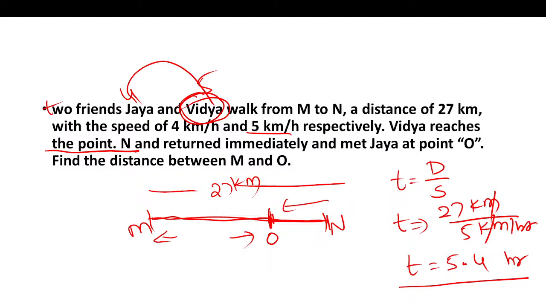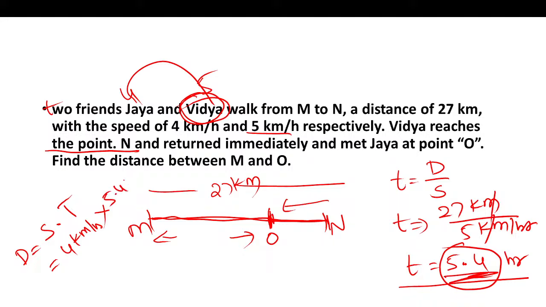In this 5.4 hours, how much distance covered by Jaya? Jaya distance is equal to speed into time. Jaya speed is 4 kilometer per hour into 5.4 hours. Hour cancel.